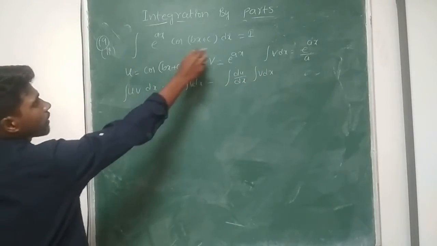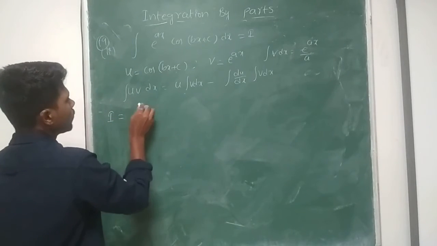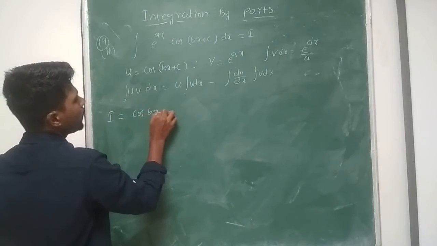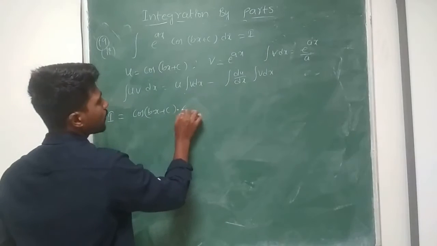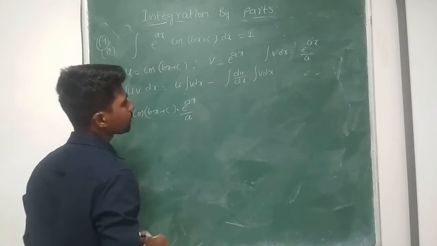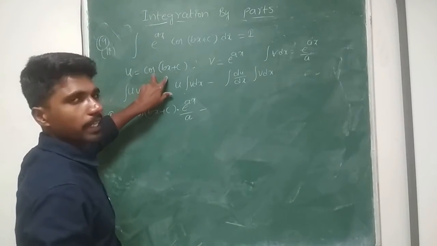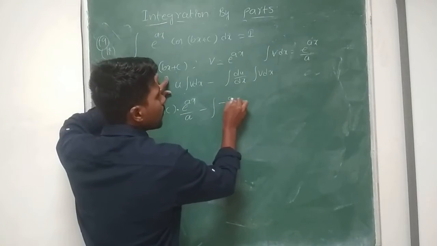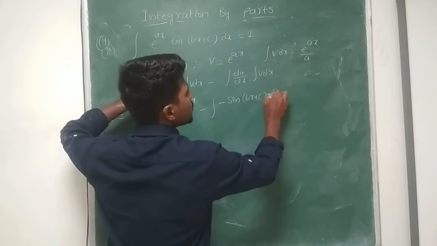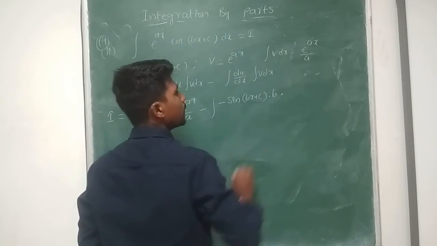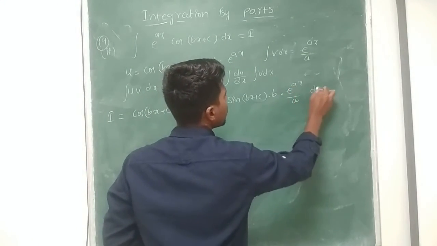So I is equal to u, cos(bx plus c), into integral v dx, which is e power ax by a, minus integral du by dx, the differentiation of cos(bx plus c), which is minus sin(bx plus c) into the derivative of bx plus c, which is b, into integral v dx, which is e power ax by a dx.